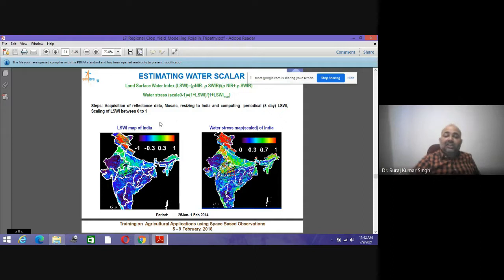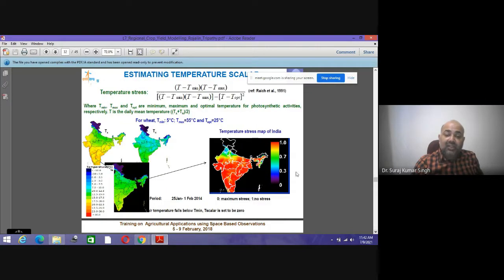All those indices will be taken into consideration to create a map, on the basis of which you can identify which areas are under tremendous water stress. Then we can suggest alternative measures for reducing those temperature stresses, where each and every part of the country can be easily monitored.